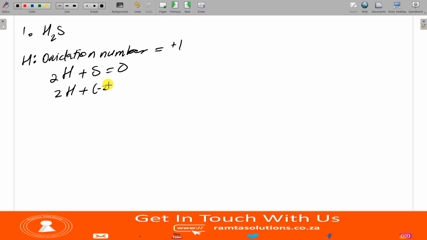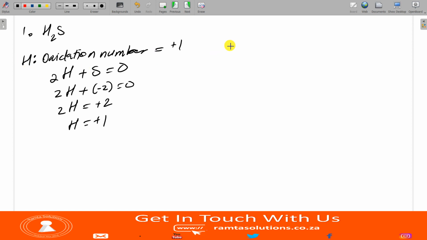It's -2, and then 2H equals +2, therefore H equals +1. It's tempting to say this, and this is where most students rush to whenever they calculate oxidation numbers. But it's not really supposed to be like that. Sometimes remember the rules, but of course in your exams you may not have the list of rules written.